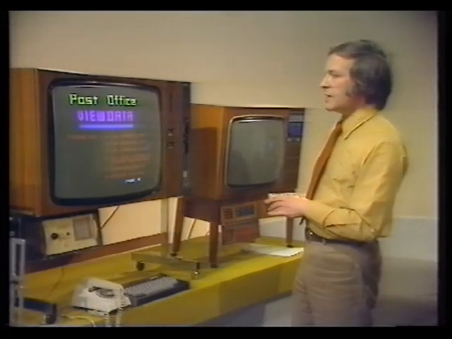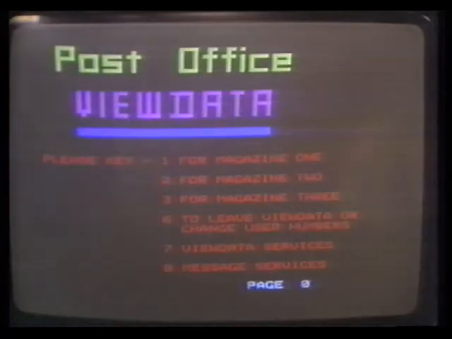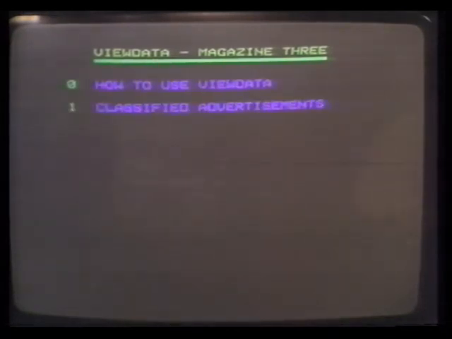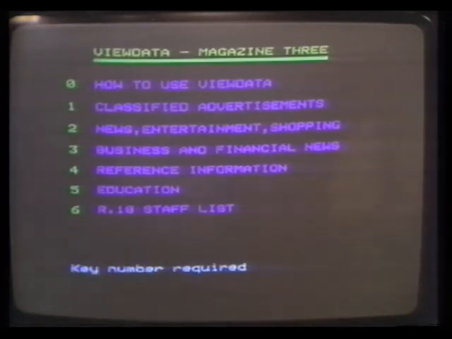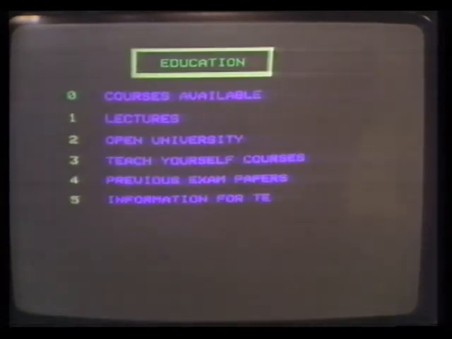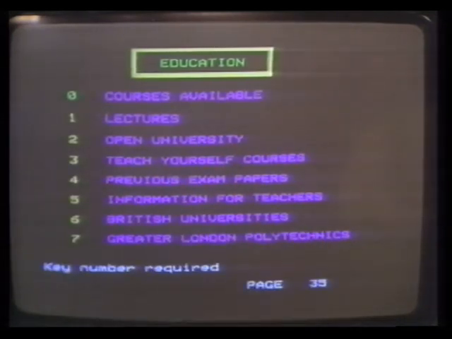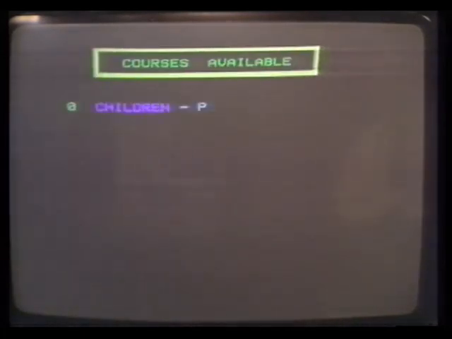Now, on the screen it says 3 for magazine 3, so I'm going to press key 3, which gives me magazine 3. And listed on there under 5 is education, so I'll choose 5. That will give us education. 0 on there's courses available, so I'll try 0 for courses available.